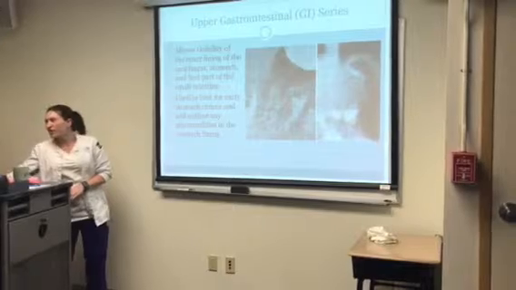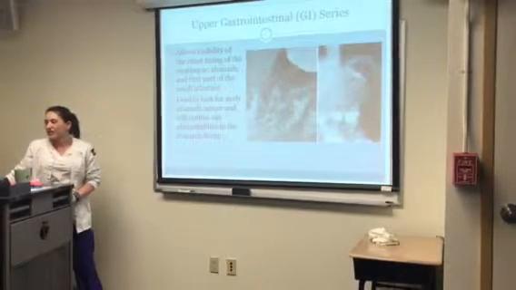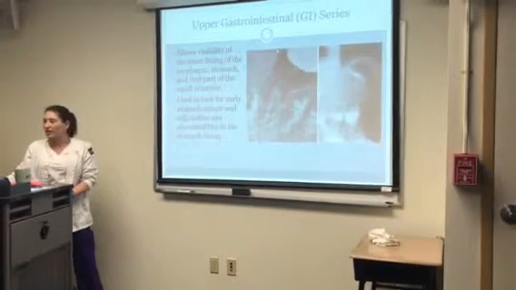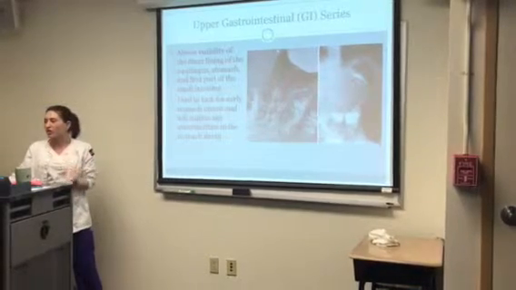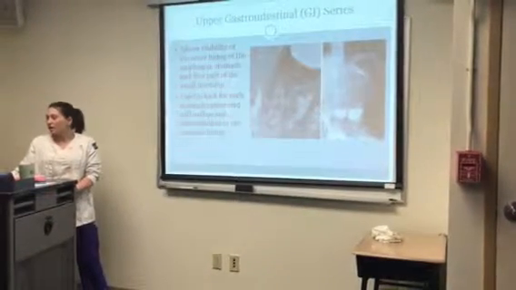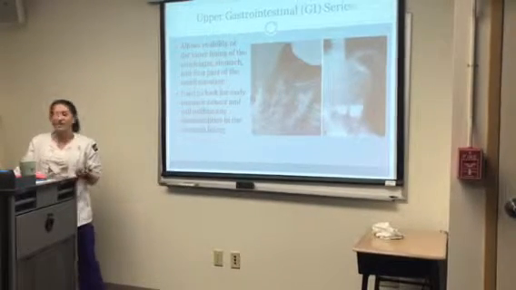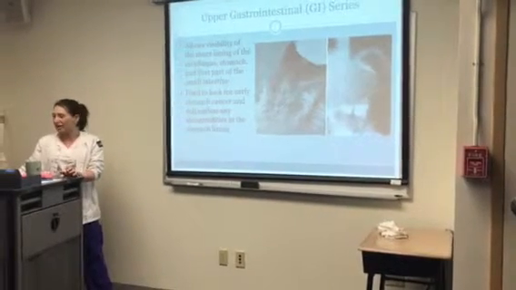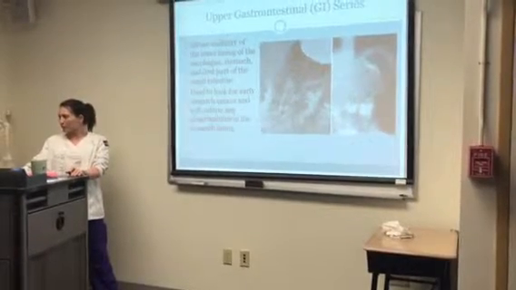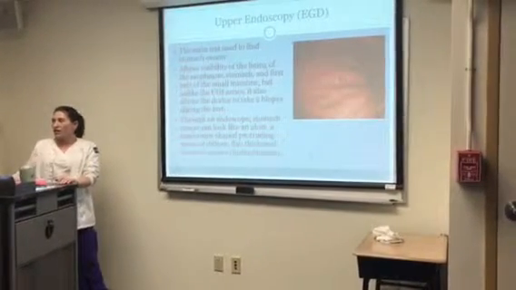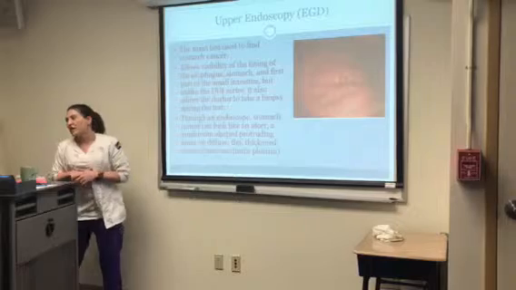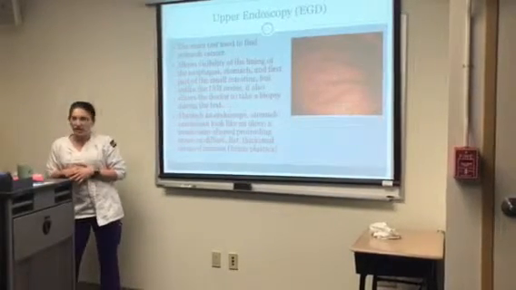An upper GI series allows visibility of the inner lining of the esophagus, stomach, and first part of the small intestine. It's used to look for early stomach cancer and will outline any abnormalities in the stomach lining. Upper endoscopy is the main test used to find stomach cancer.